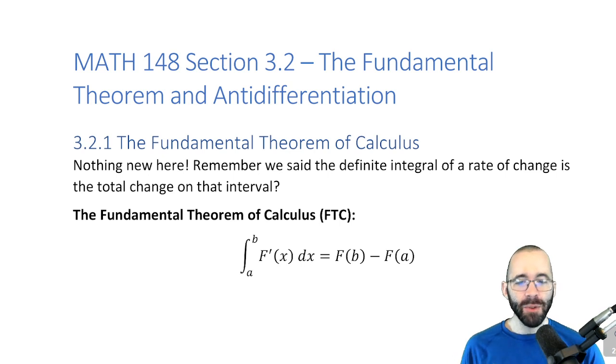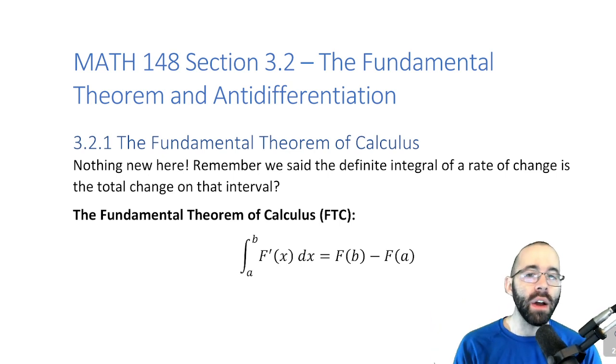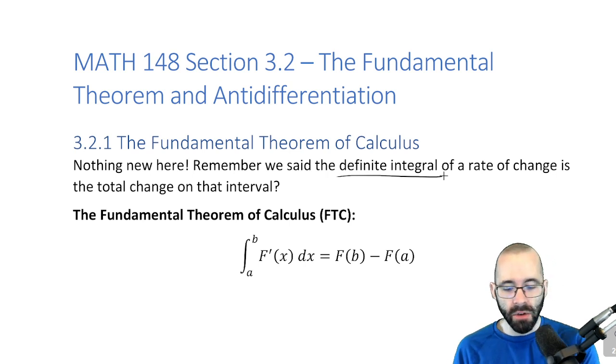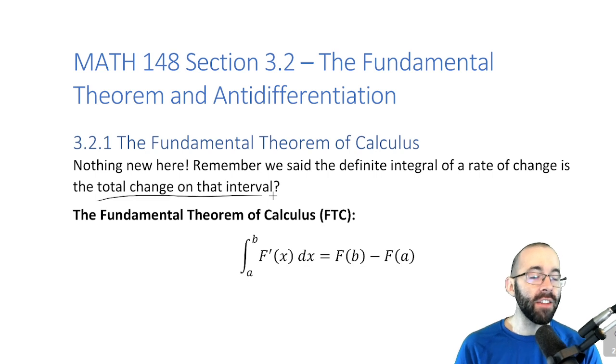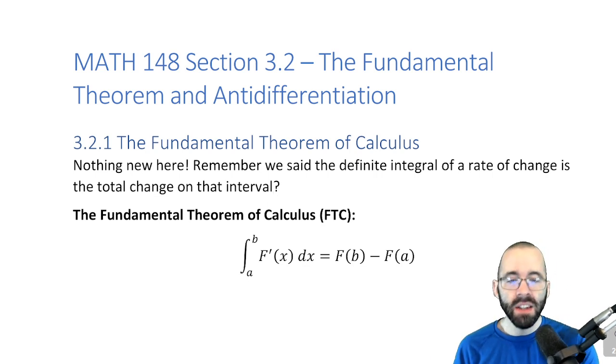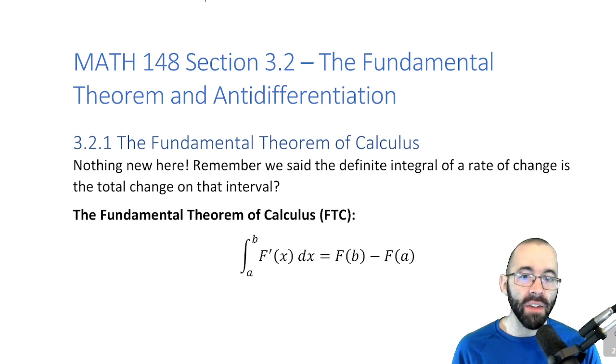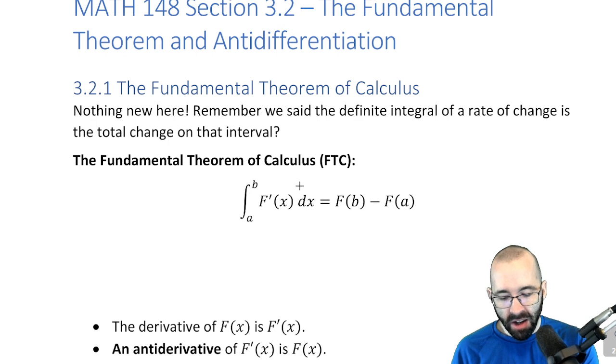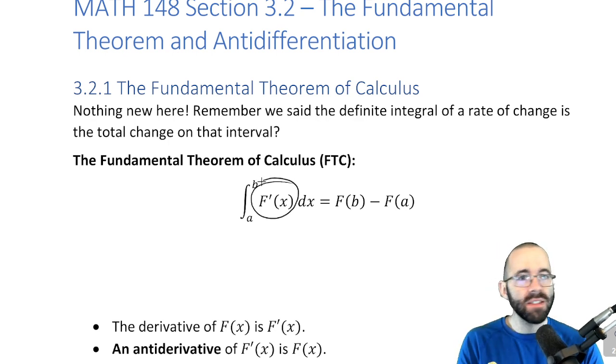So nothing really new here, because in 3.1, we said that the definite integral of a rate of change is just the total change on that interval. Well, that's words. Let's convert those words to math. The definite integral of a rate of change, and what is a derivative if not a rate of change?